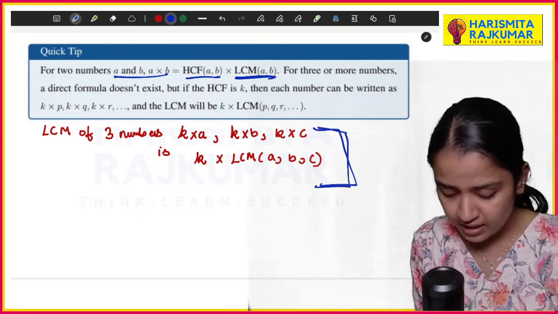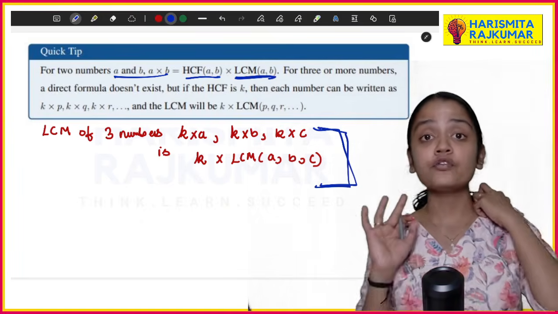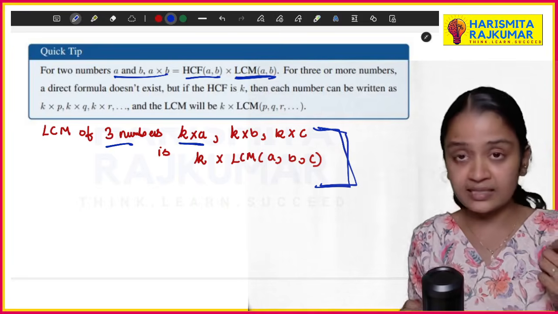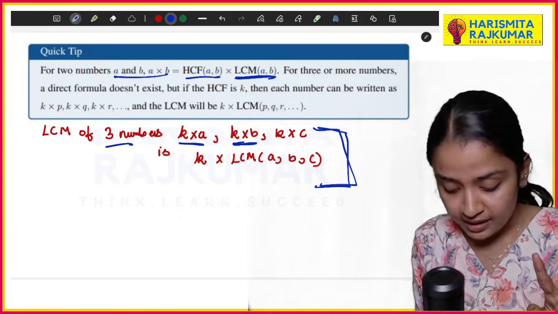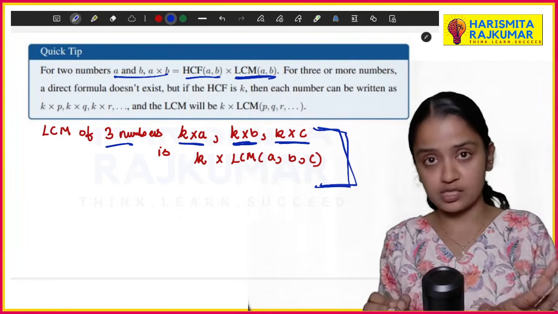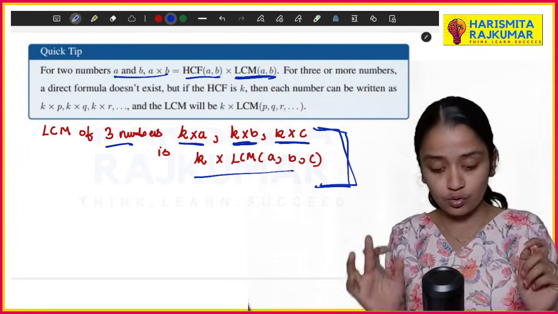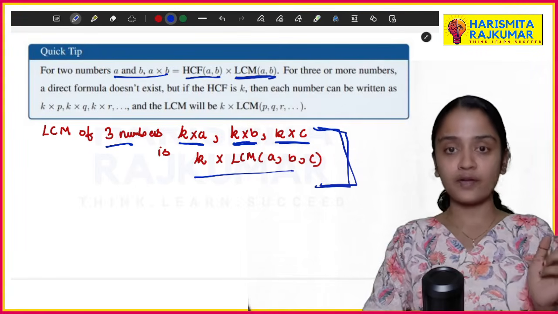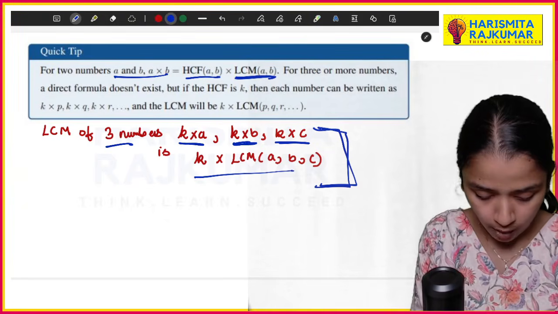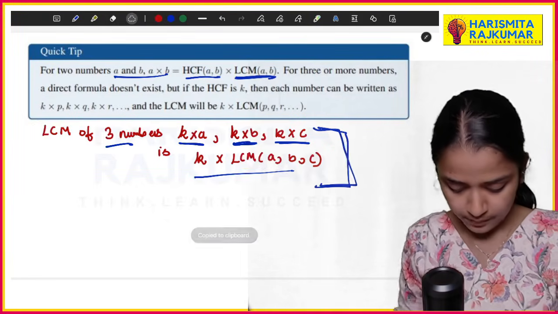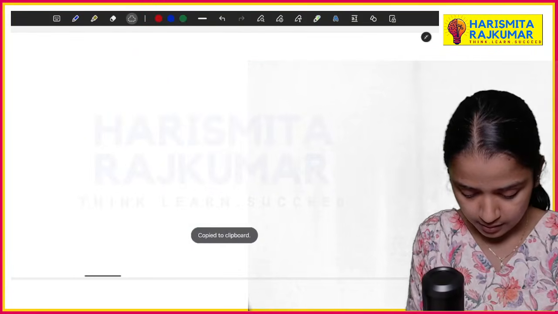So we are using this formula: if you represent three numbers as K into A, K into B and K into C, the LCM will be equal to K into LCM of A, B and C. So let me copy this and paste it here.